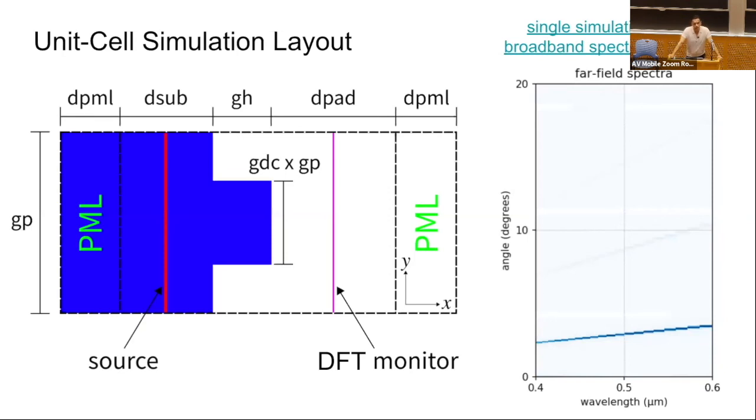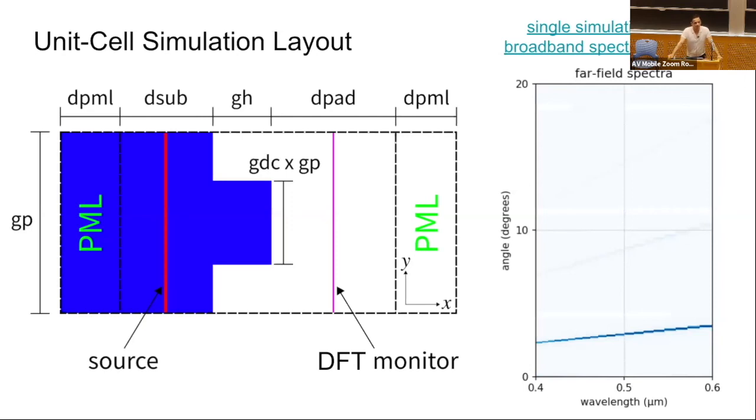FDTD is also useful if you have metallic structures. So suppose you have a metal conformal layer that goes on top. RCWA has some challenges around convergence in those cases because you need to typically have a large number of Fourier orders. The fields have a lot of discontinuities, for example, that could present some obstacles. In FDTD, you just keep cranking up the resolution. In principle, you can brute force your way to a result.